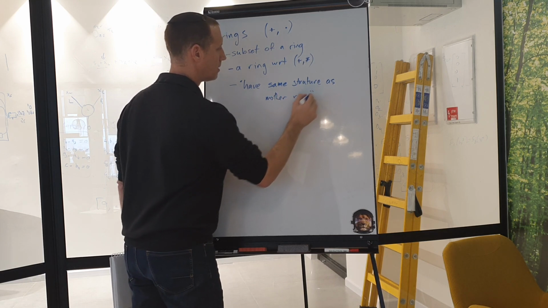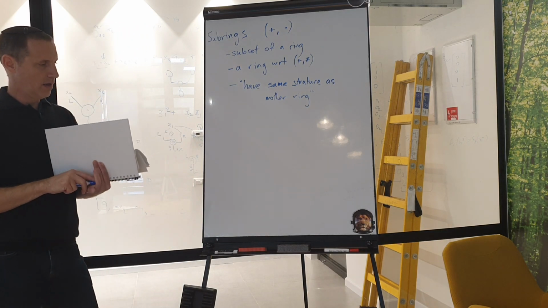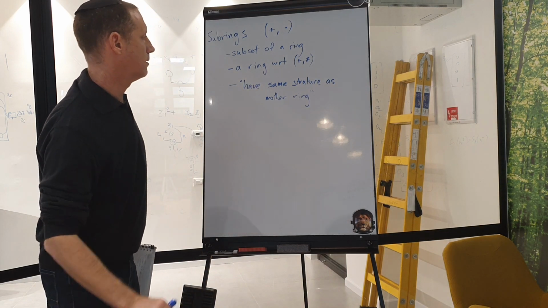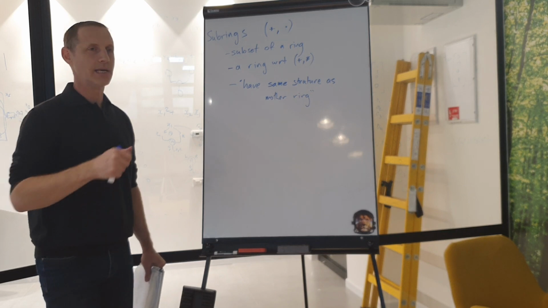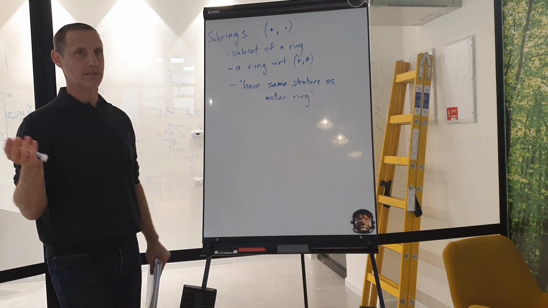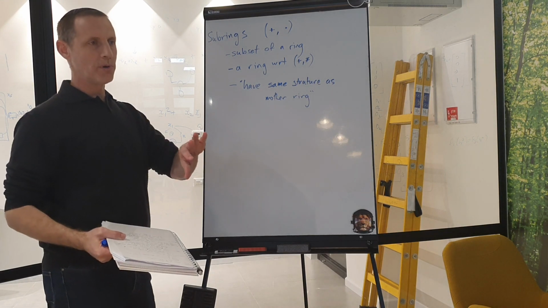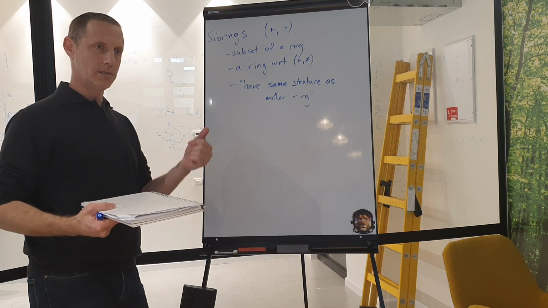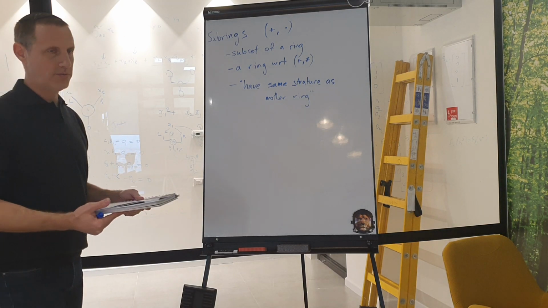What does that mean? So, for example, if the ring had an identity, right? So the subring has to have the same identity. It can't have another identity, right? If it's a ring with identity and it's got a subring, the subring has to have the same identity as the ring. Otherwise, it's not a subring of a ring with identity.